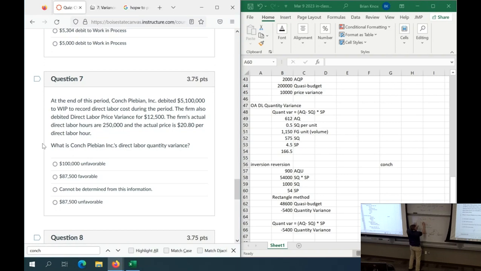I have a debit to the price variance of 12,500. The firm's actual direct labor hours are 250,000, and actual price is $20.80 per direct labor hour. Okay, so I can multiply those two and get my actual cost. $250,000 times $20.80 gets me something.